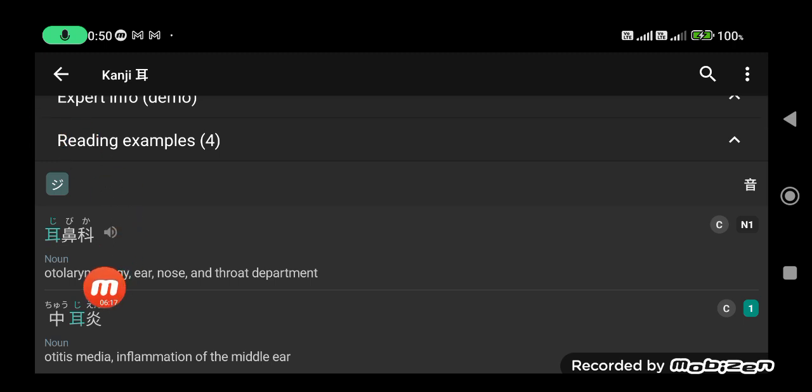Okay, so let's tackle this Ji onyomi. The onyomi is Ji. We have here one JLPT N1 level vocabulary. It's jibika. Jibika is otolaryngology, or something related to ENT, the ear, nose, and throat department, let's say in medicine.